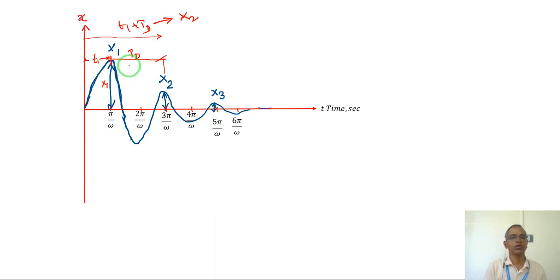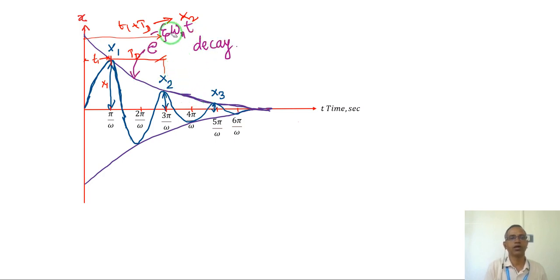This is how my amplitude is reducing. This is called exponential decay, which is written as e to the power minus xi omega n t. And t1 plus Td is the second peak. So this is the logarithmic decrement, decreasing exponentially.